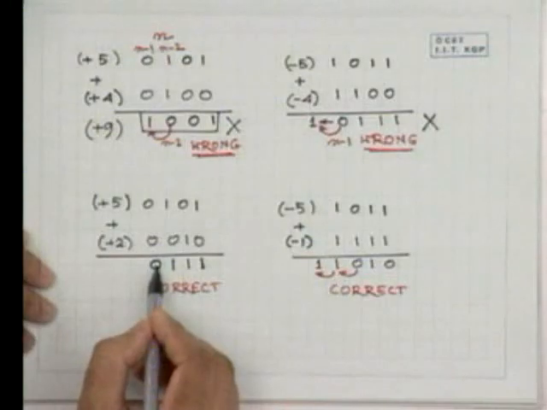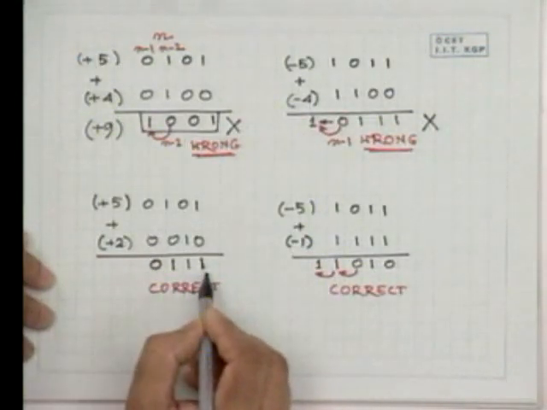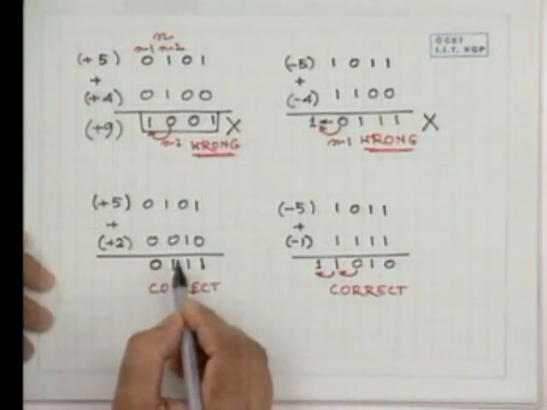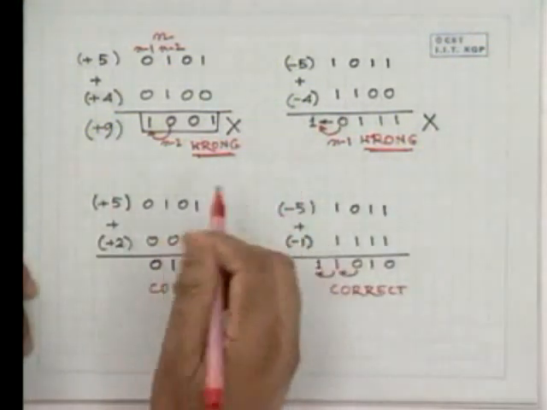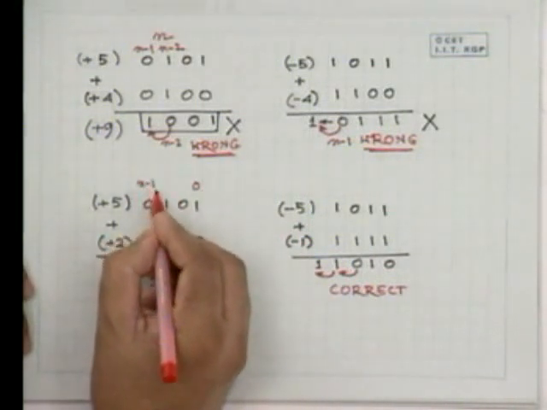Therefore, a simple rule we can devise is that the result will be correct if there is no carry out of the n minus 1th bit, that means the most significant bit, and the n minus 2 bit, for an n bit number, where the first bit we call the 0th bit and the most significant bit the n minus 1 bit.